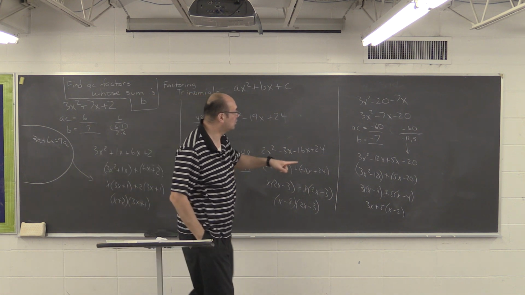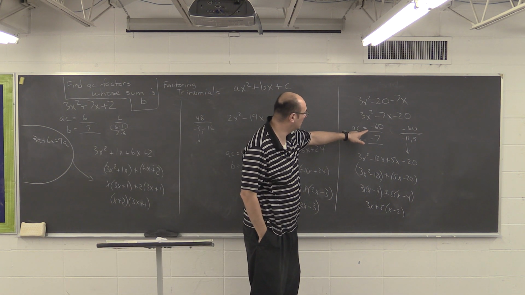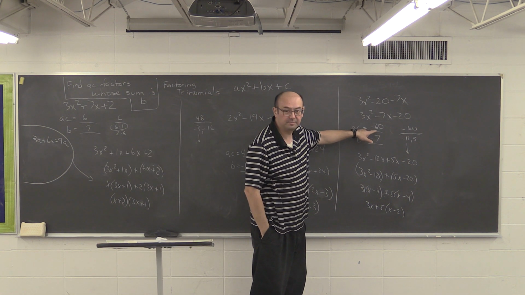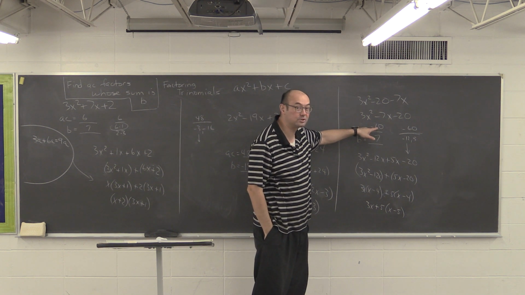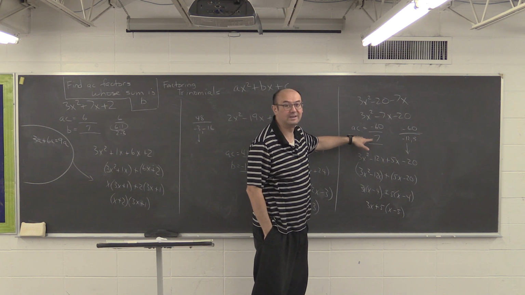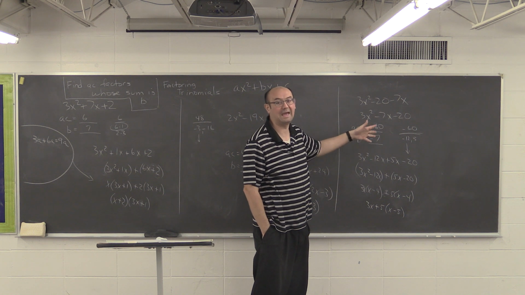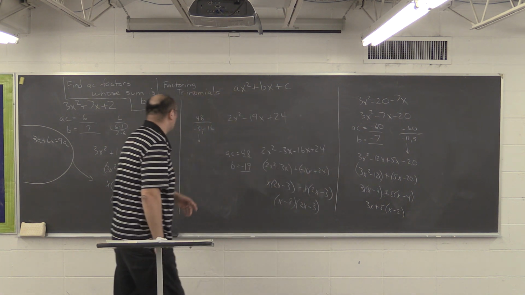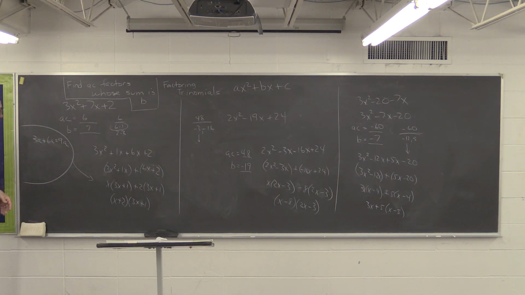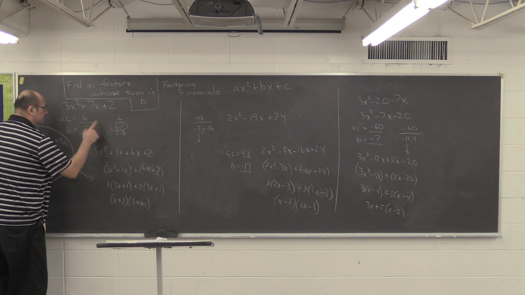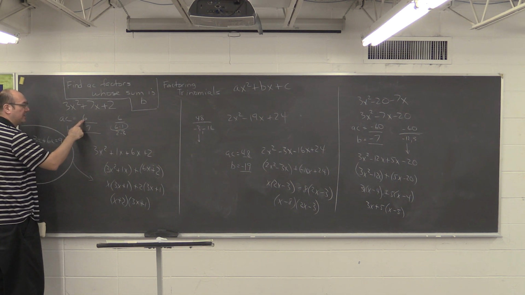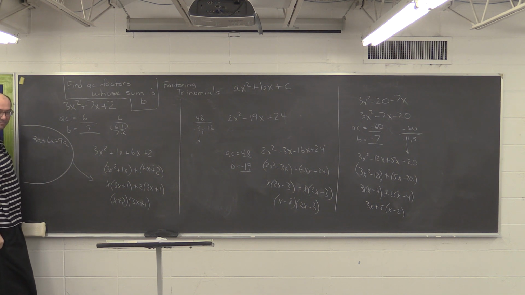And then in this third problem, the AC ends up being a negative 60, a regular large number, but also for negative 7 is what we need to have it add to, okay? So in our first one here, we'll go with 6 and 1. So 6 and 1 are the factors that when added together equal 7, okay?